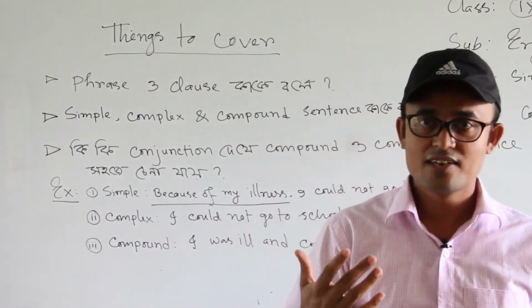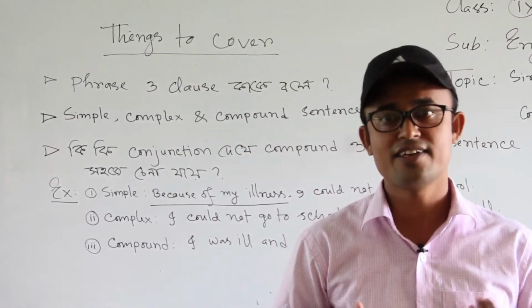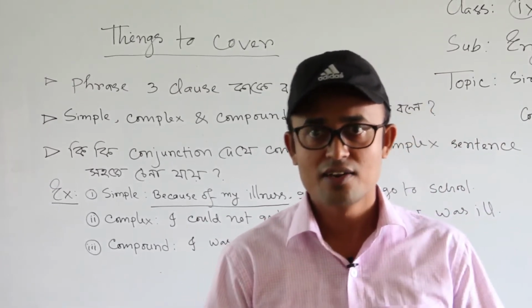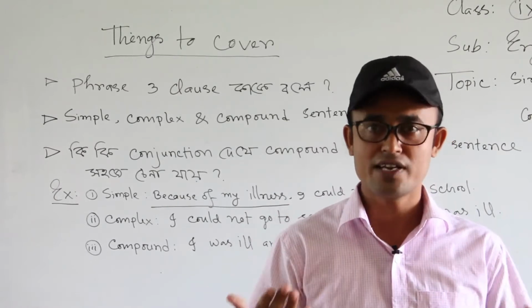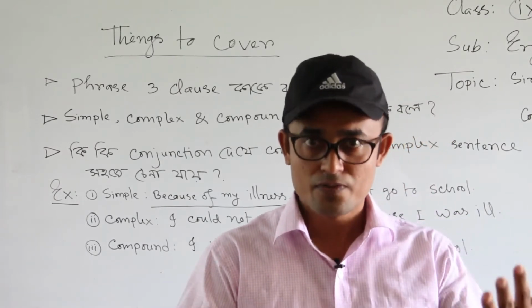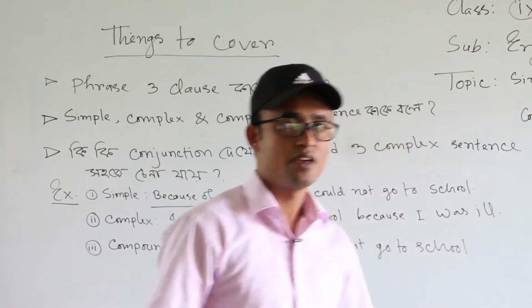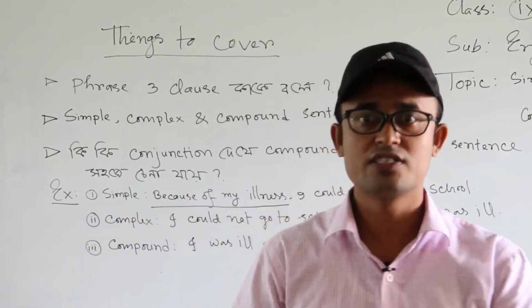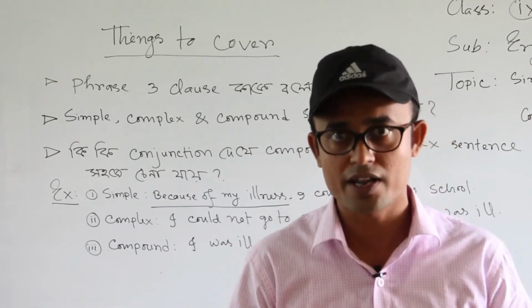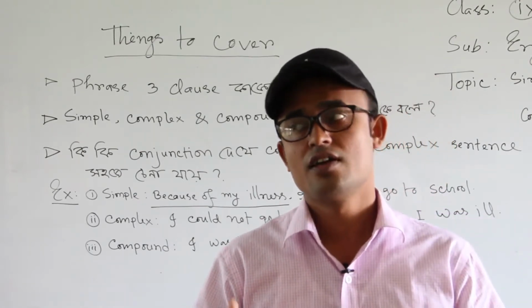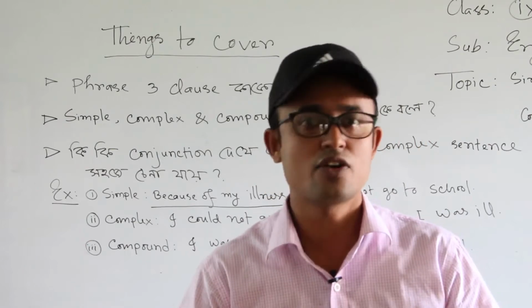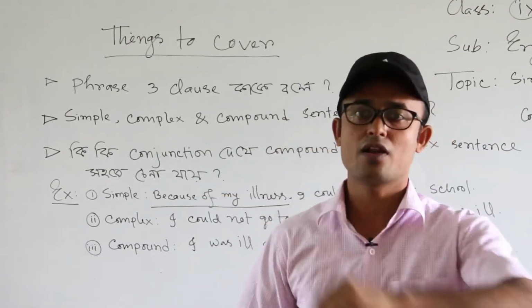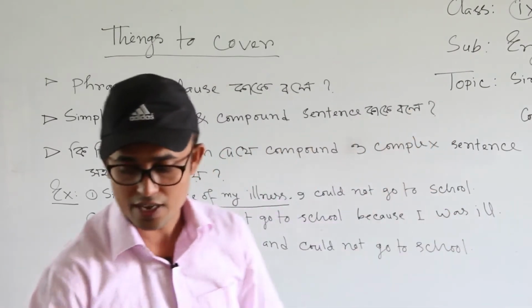One is principal clause, another is subordinate clause. তোমরা আমাকে প্রশ্ন করতে পারো, স্যার প্রিন্সিপাল ক্লজ কি, সাবঅর্ডিনেট ক্লজ কি? Okay, listen to me carefully. Principal clause, that means প্রিন্সিপাল ক্লজ একটা খণ্ড বাক্য যেটা নিজেই নিজের অর্থ প্রকাশ করতে পারে, বাট সাবঅর্ডিনেট ক্লজ নিজেই নিজের অর্থ পূর্ণাঙ্গভাবে প্রকাশ করতে পারে না, সে প্রিন্সিপাল ক্লজের উপর নির্ভরশীল. Please look at the whiteboard.